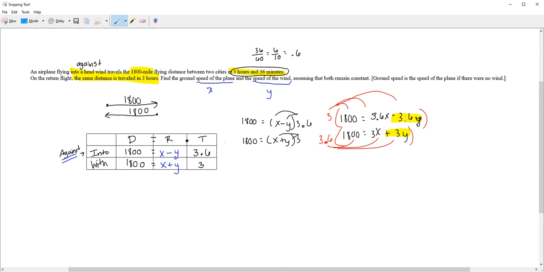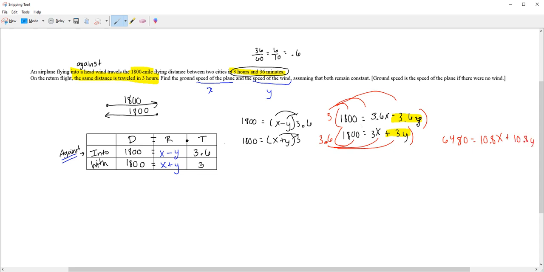So 1,800 times 3.6 is 6,480. Then 3.6 times 3 is going to give me 10.8x, and 3.6 times 3 is going to give me 10.8y.